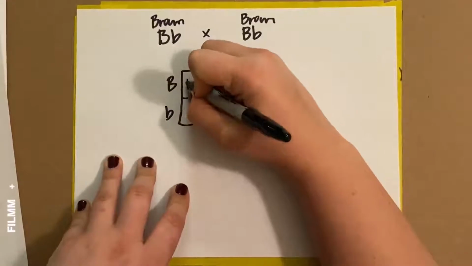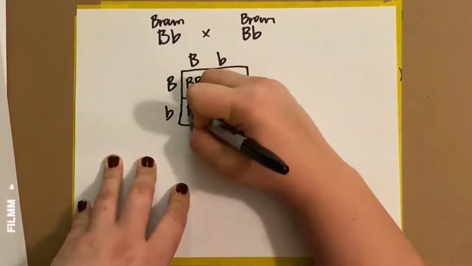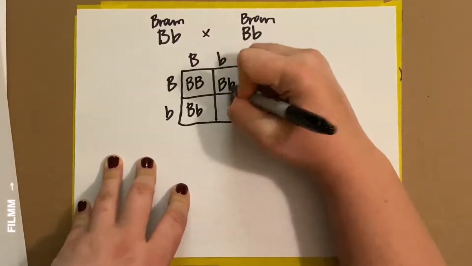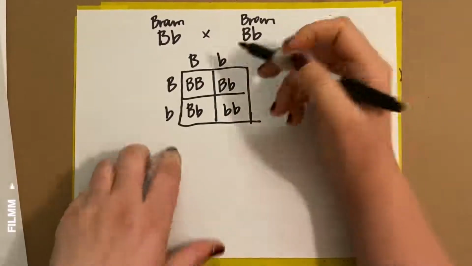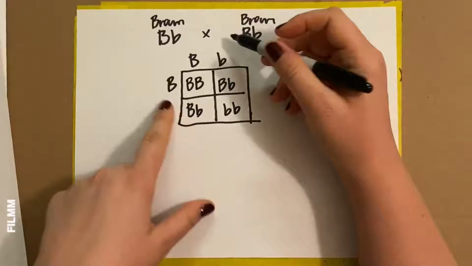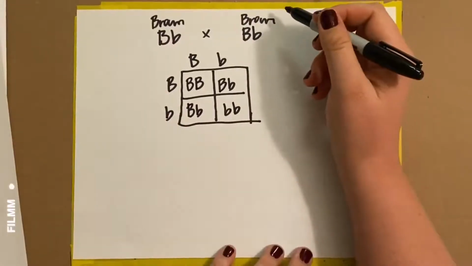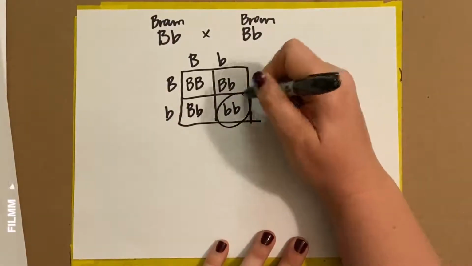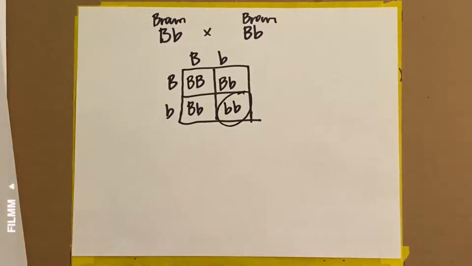The gametes can combine to give big B, big B; big B, little b; big B, little b; and little b, little b. Neither of these individuals has blue eyes, but they're carriers of the blue eye allele, and therefore they can have a blue-eyed baby. So it is possible, and this is a way you can use human genetics.